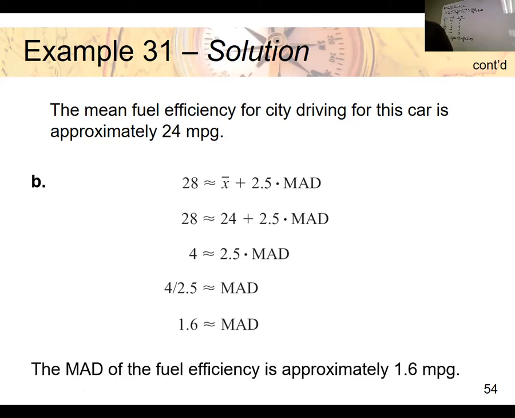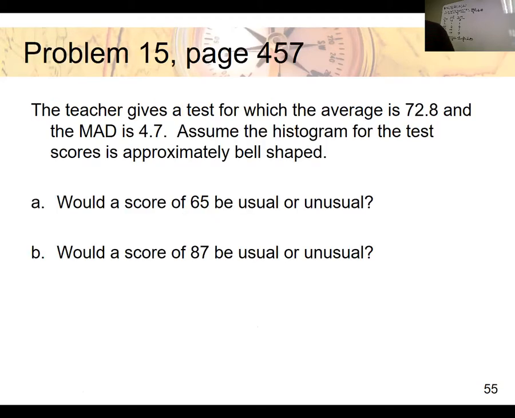Okay. The one that I wanted to do that dealt with finding the minimum and the maximum usual value and determining whether each data value is usual or unusual would be something like this one.